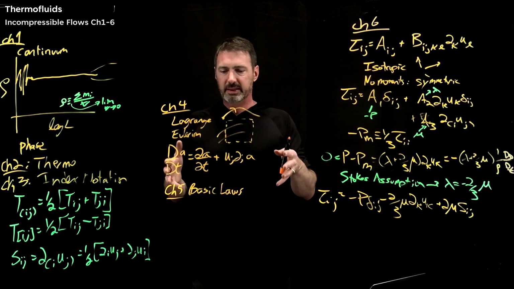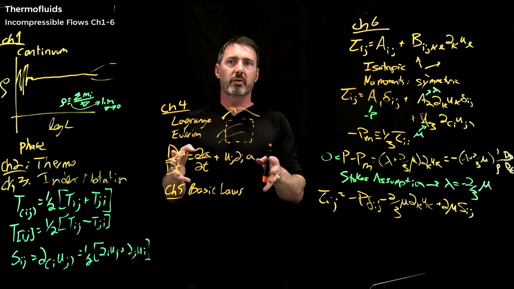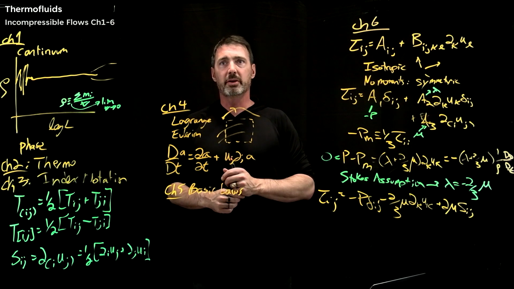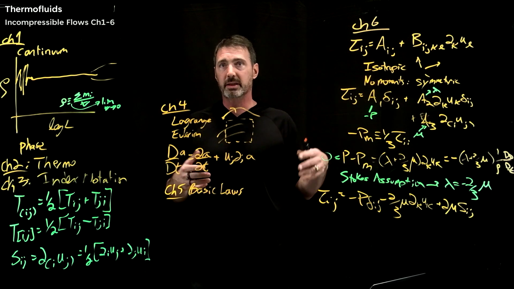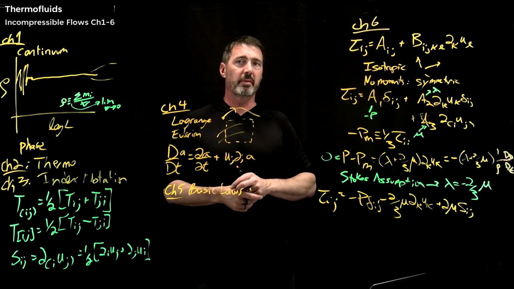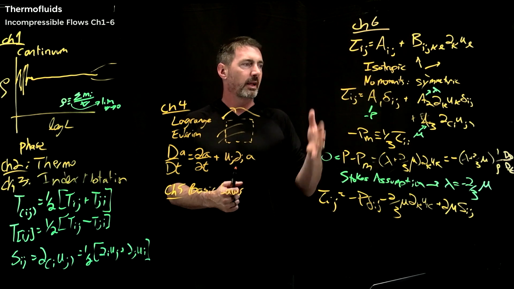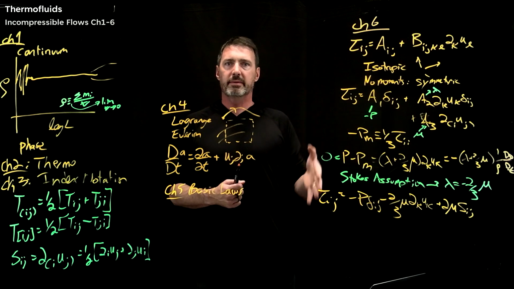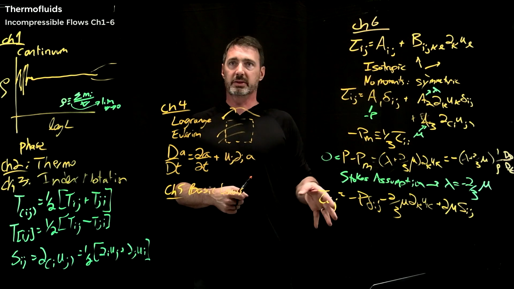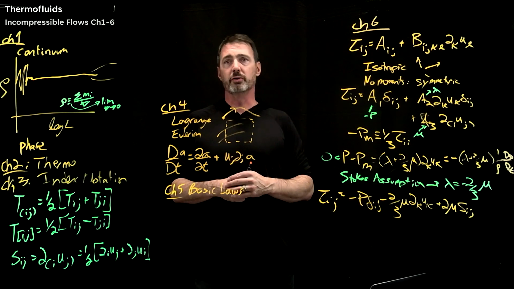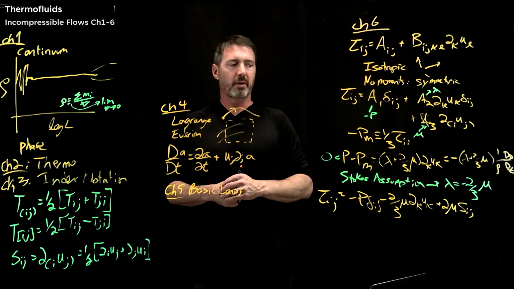Chapter 4 is useful, especially as we'll have this material derivative. Chapter 5 should be very familiar. You should almost be able to skim through that now if you've been paying attention and sticking with the mathematics. So it's a good reminder of continuum laws. And then this nice, rigorous definition of the stress tensor is going to be very, very helpful as we get into some more of these real flows and boundary layers and things like that. So we'll see you next time.